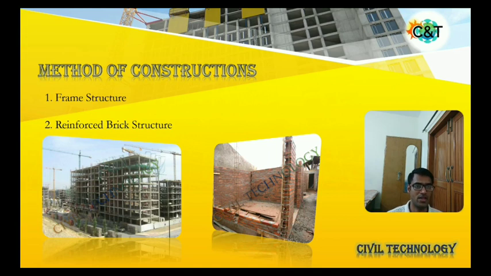In that condition, the frame structure is very superior. But if you use a reinforced brick structure, there is no guarantee your structure will be safe in severe conditions. In normal conditions, obviously it will stay, no problem about that, but in severe conditions it may be a major problem to your life and your house. So you have to take care of those things.